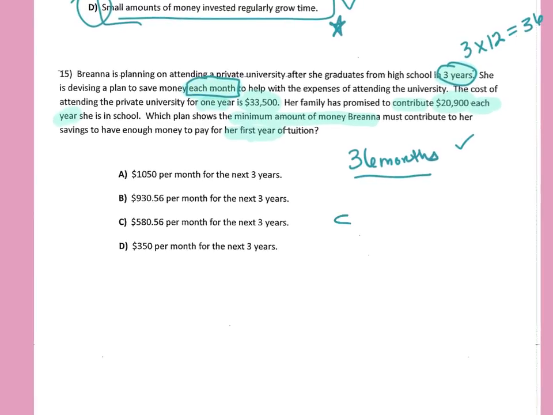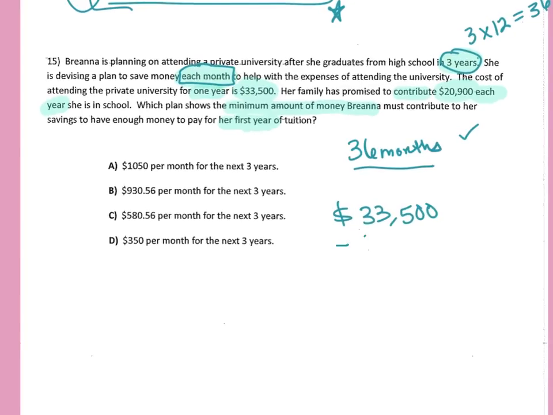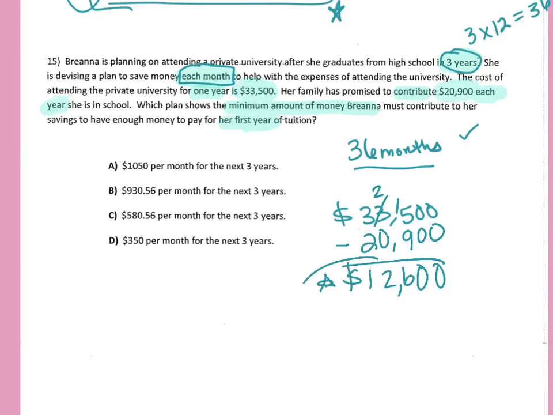So the amount of her tuition, $33,500, but her family is going to give her $20,900 each year. Okay, so each year she's actually going to need $12,600. Okay, so this is the amount of money that she actually needs. That's how much she wants to save in 36 months.